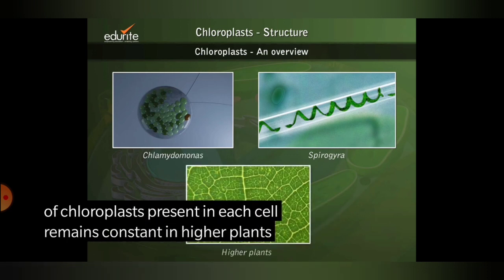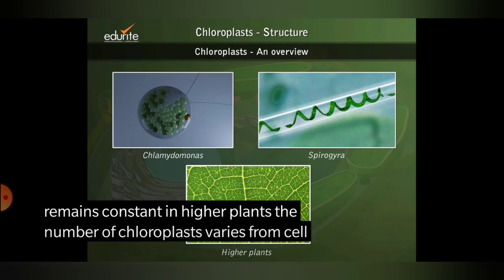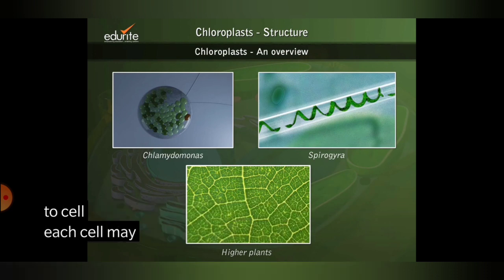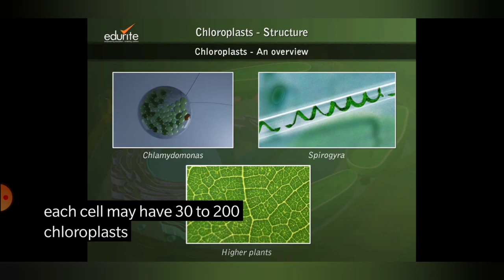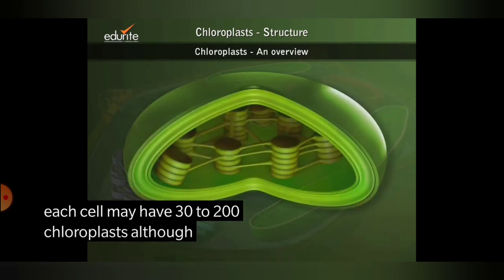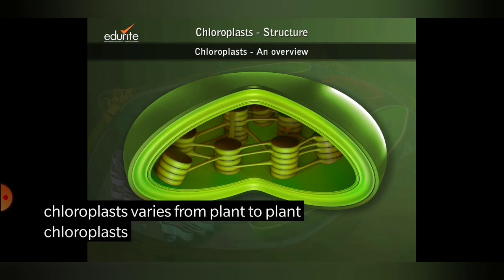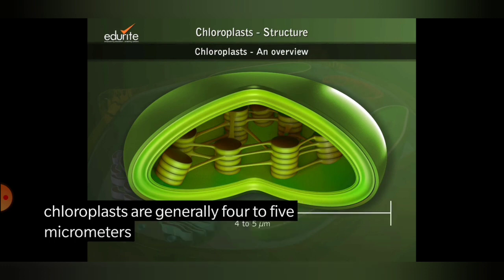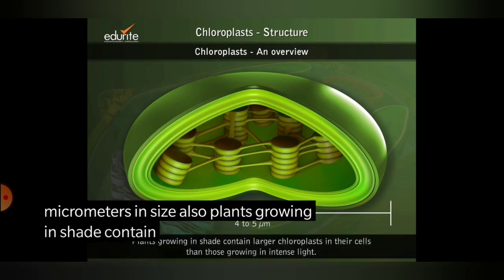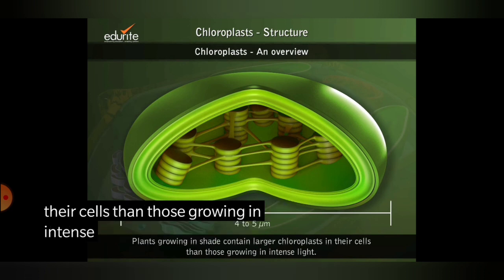In higher plants, the number varies from cell to cell. Each cell may have 30 to 200 chloroplasts. Although the size varies from plant to plant, chloroplasts are generally 4 to 5 micrometers in size. Also, plants growing in shade contain larger chloroplasts in their cells than those growing in intense light.